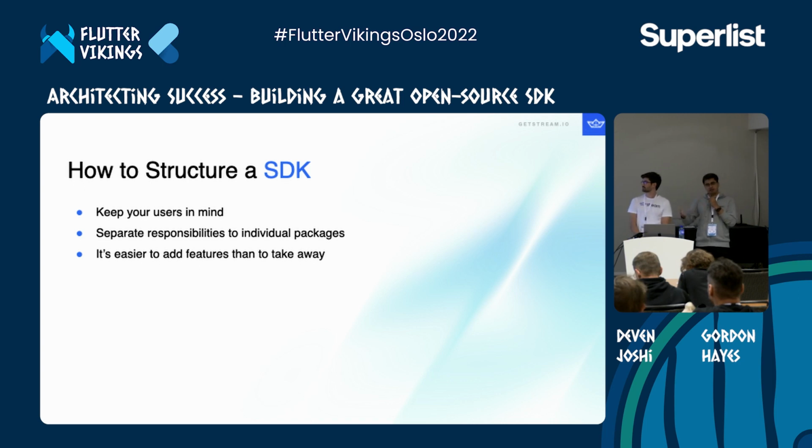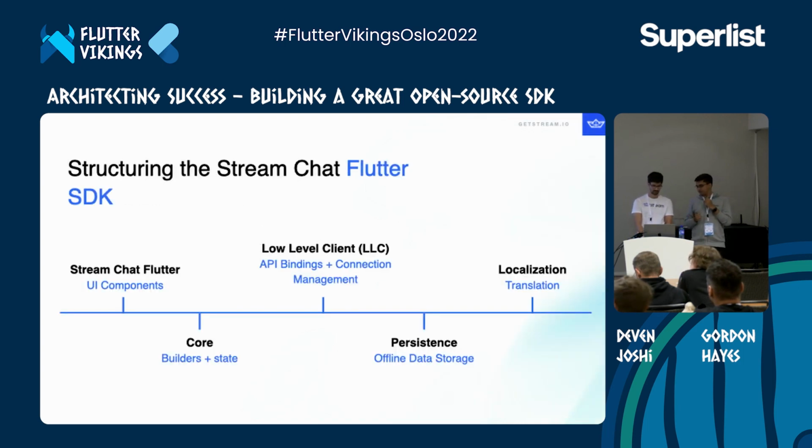If there are many customers and you're shipping versions with changes that don't affect them, then suddenly people are having to upgrade the package over and over again, and maybe if something breaks for another customer, it just won't hold. And yeah, it's easier to add features and to take away. That's the third point.